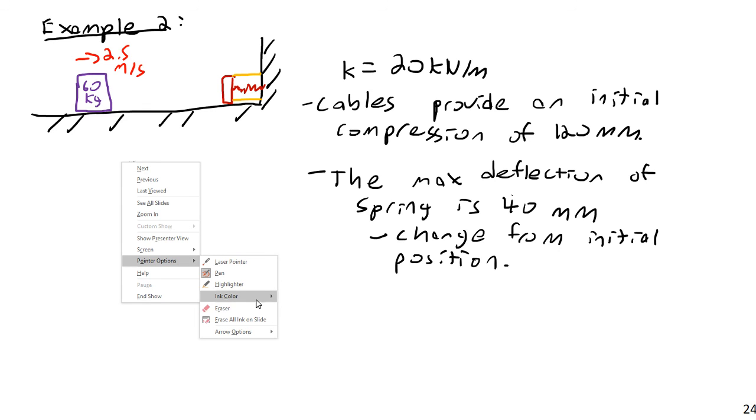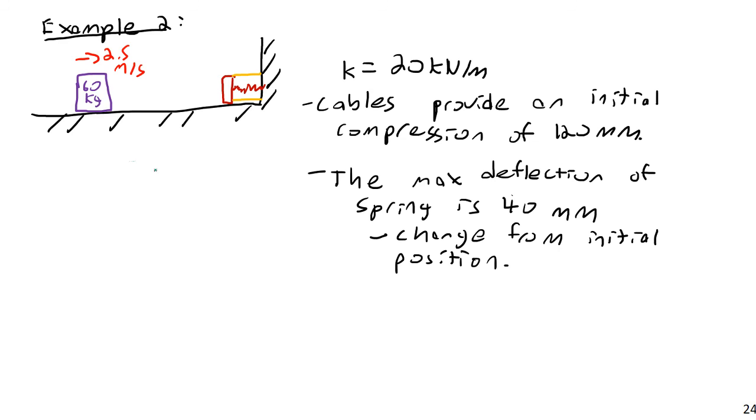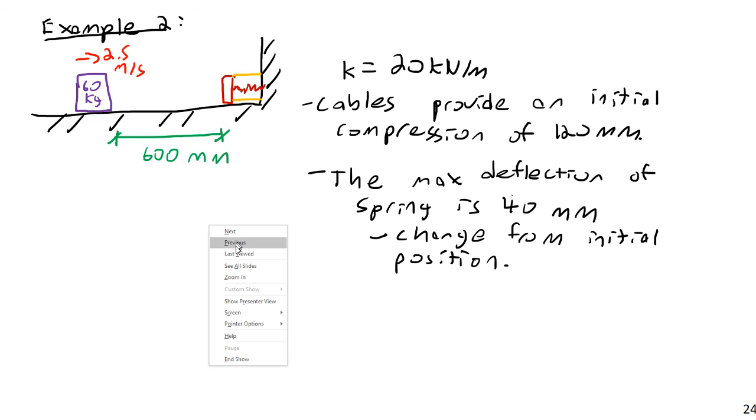And when it has a speed of 2.5 meters per second, it is exactly 600 millimeters from the plate. The reason that's important is that this surface is not frictionless.